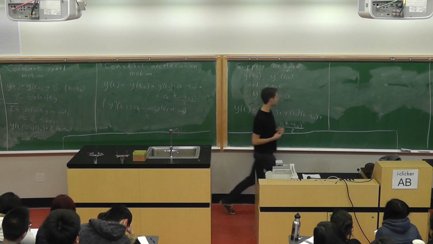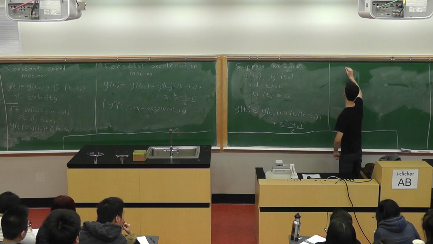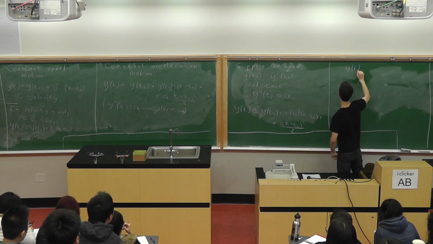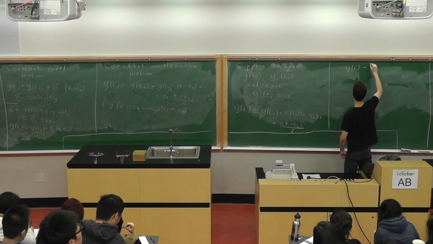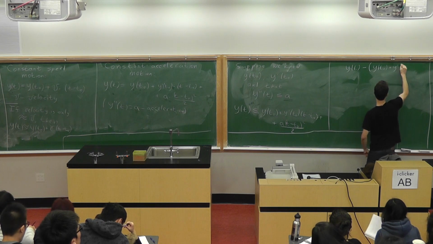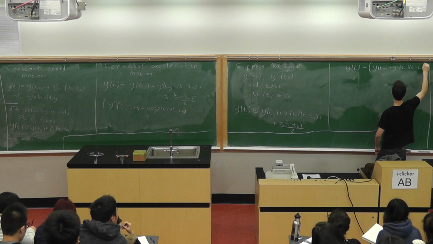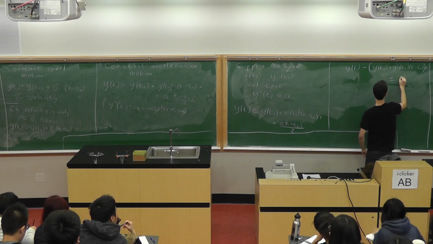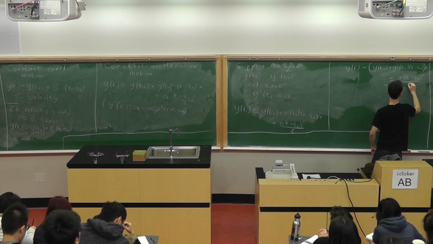Okay, but now we have a bound on the actual linear approximation. Look at this. Just rearrange: y of t, the actual value of the function, minus (y of t naught plus y prime of t naught times (t minus t naught)) is at most a times (t minus t naught) squared divided by 2.